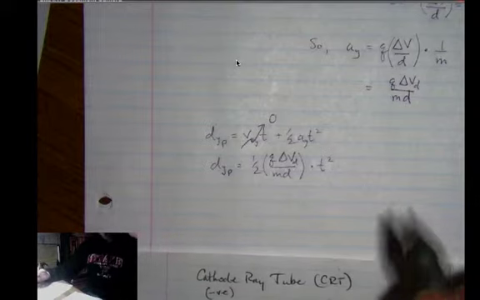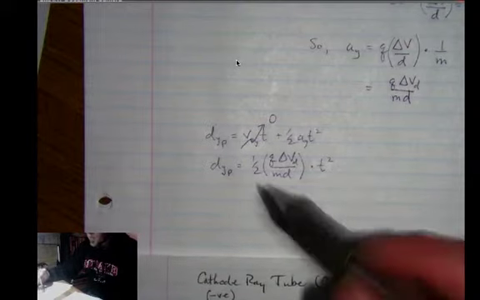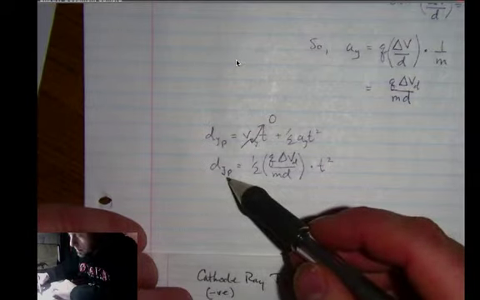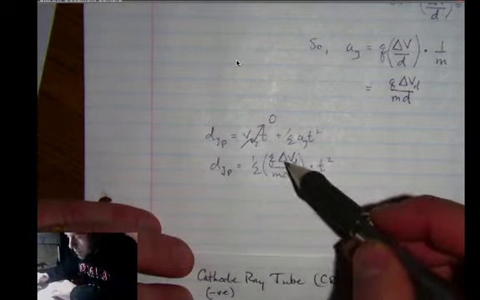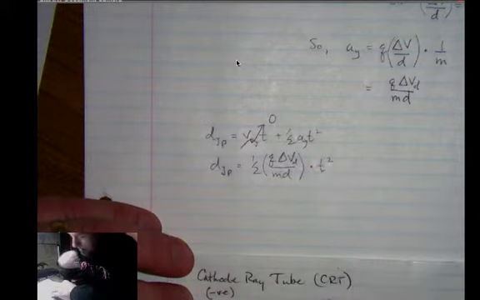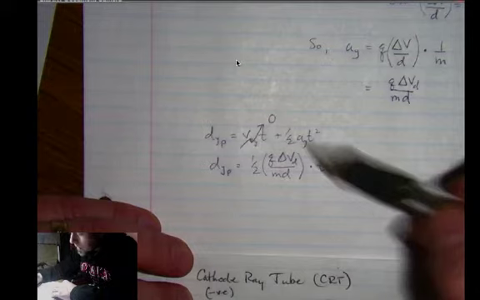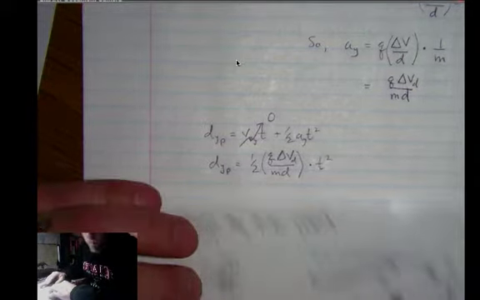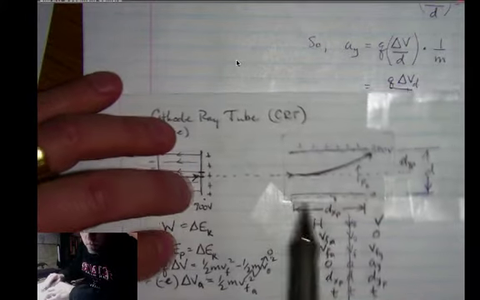Now, as is the case with calculus, if we would like to determine this deflection, we must find out all the variables it's dependent upon. Now, the time is dependent upon how long the electron is between these two plates.